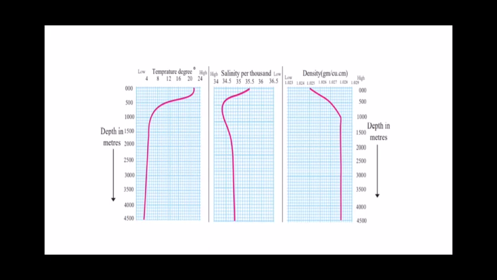At greater depths, winds, sun rays and the currents do not affect any of these properties, because as you can see, after the depth of 1000 everything is constant. Therefore after around 1000 meter depth there is no change in all the three factors. The ocean currents are generated because of difference in the properties of seawater, that is temperature, salinity and density.